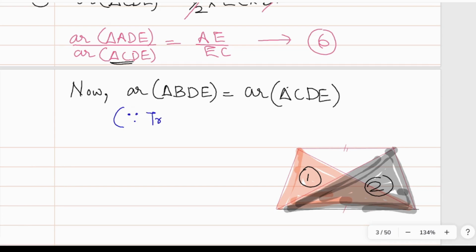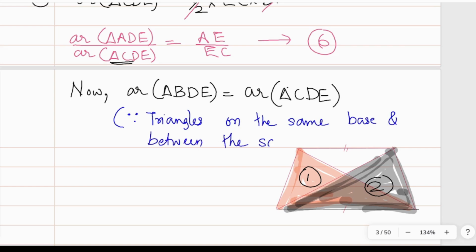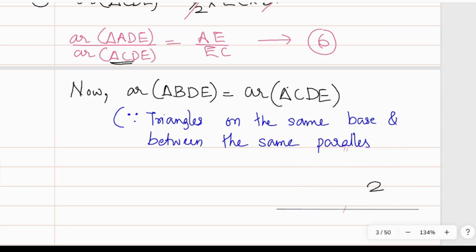Because triangles on the same base and between the same parallels... what will they do?